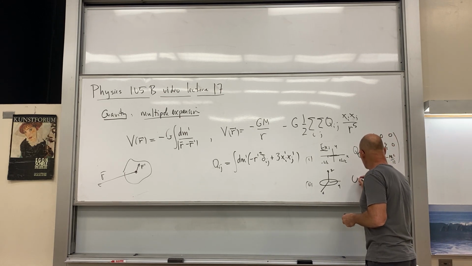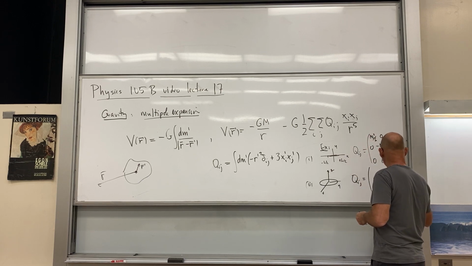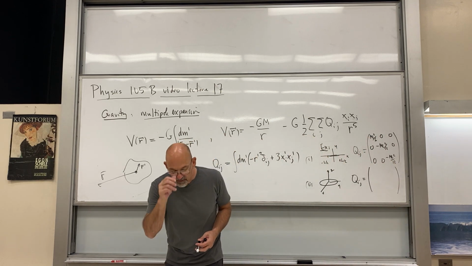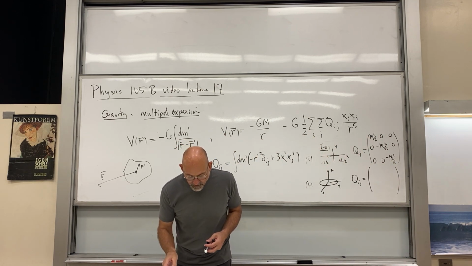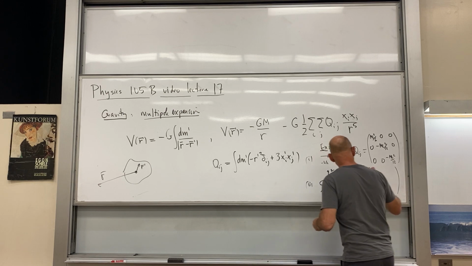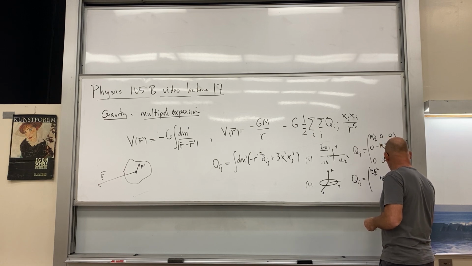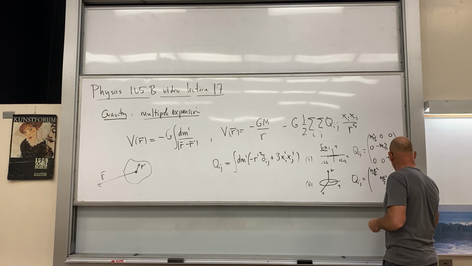And here, for the ring, the 2 first ones are the same. And what do we have there? Yeah. We have m radius squared over 2, m radius squared over 2, and minus m radius squared.